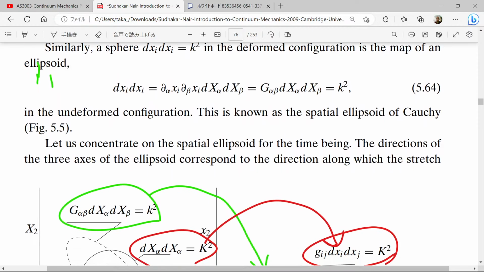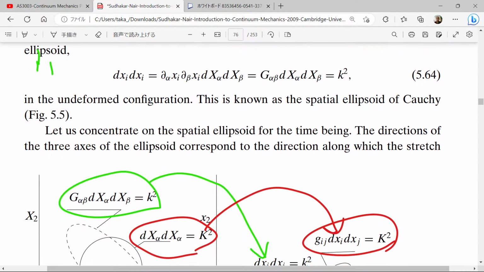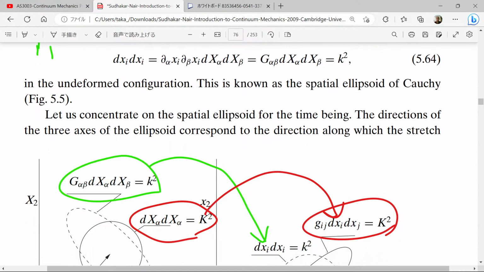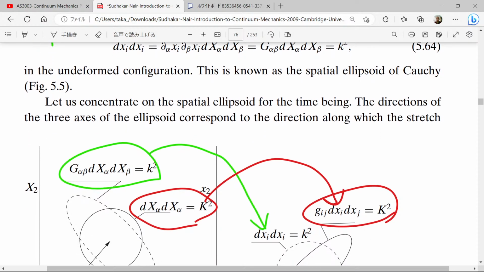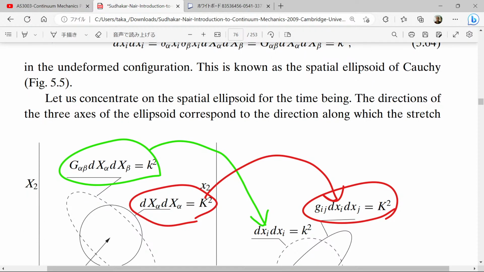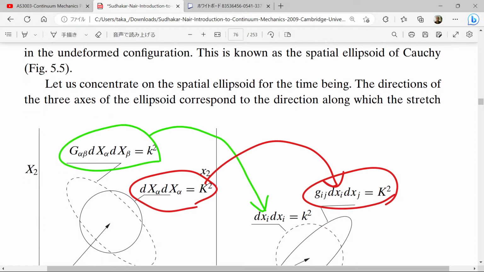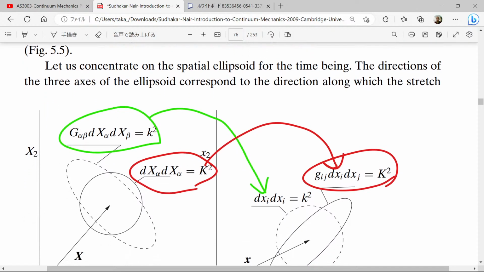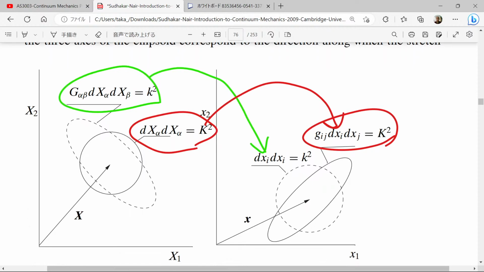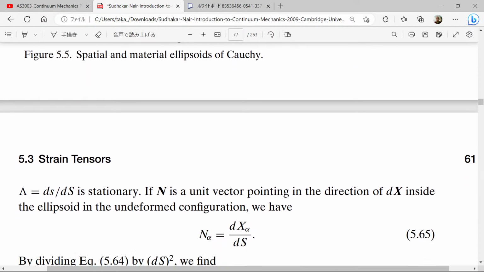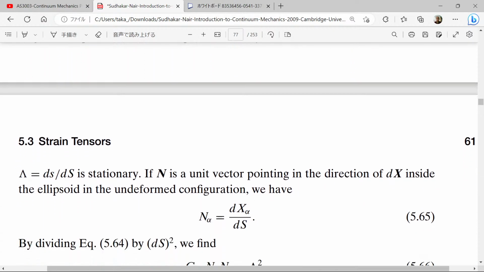Let us concentrate on the spatial ellipsoid for the time being. The directions of the three axes of the ellipsoid correspond to the directions along which the stretch lambda, ds over dS, is stationary.